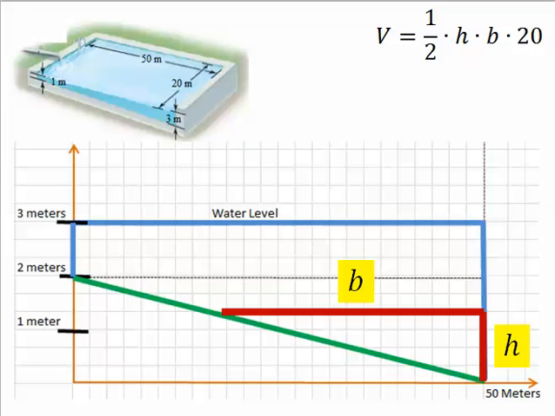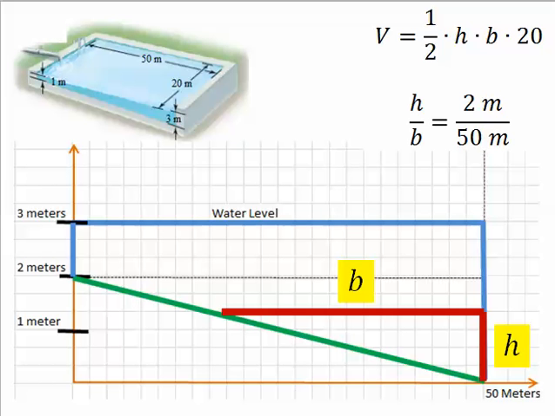Is there a way that we can eliminate one of these variables? Well, sure. We've got a similar triangle. The ratio of height to base is equal to the ratio of 2 to 50. So which variable would we like to eliminate in order to do the problem?